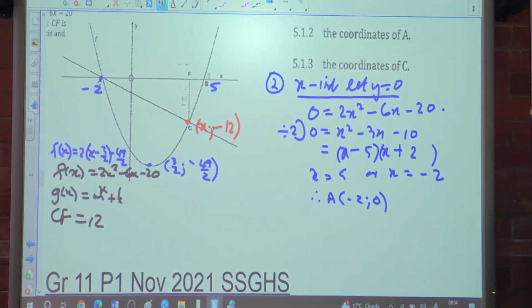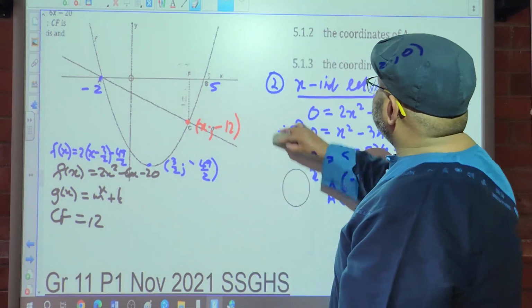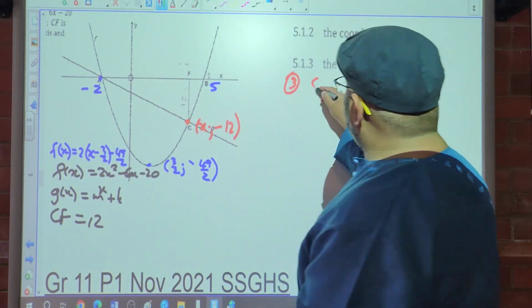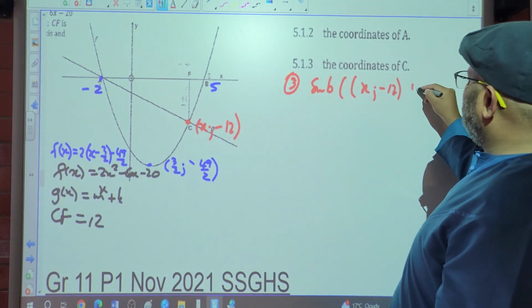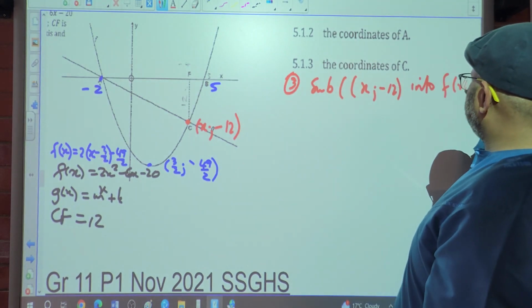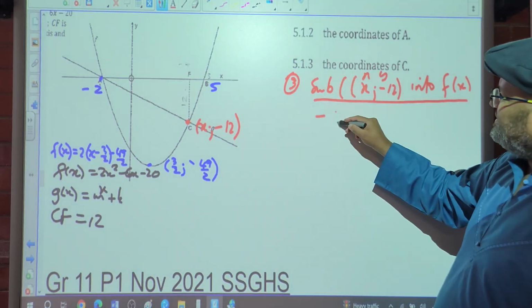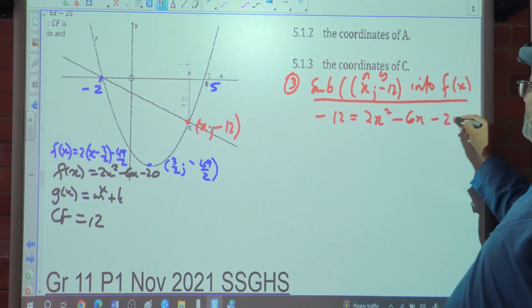Can you see that? Since we have the equation of the parabola, I'm going to substitute C, which is x and negative 12, into f of x, remembering that's an x and a y. So we've got negative 12 is equal to 2x squared minus 6x minus 20.